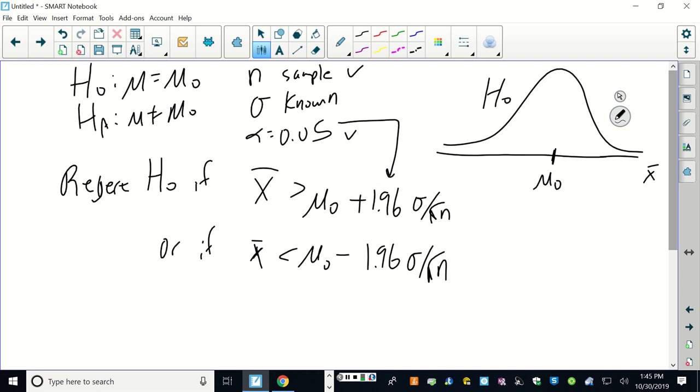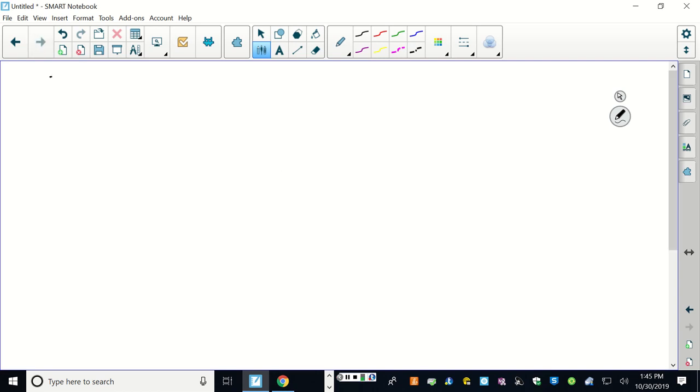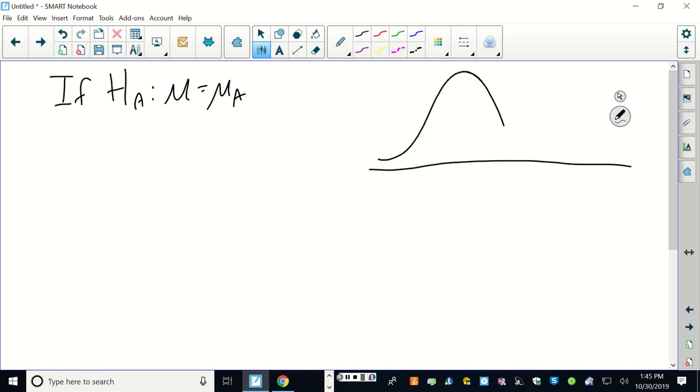So if the alternative is true, we're going to choose some value here, some mu sub a value. I'm going to pretend that mu sub a for our purposes is bigger than mu sub 0. So here's the null hypothesis one, and what if instead mu sub a is over here, and here's the alternative one? Under the alternative hypothesis, the sampling distribution is over here.